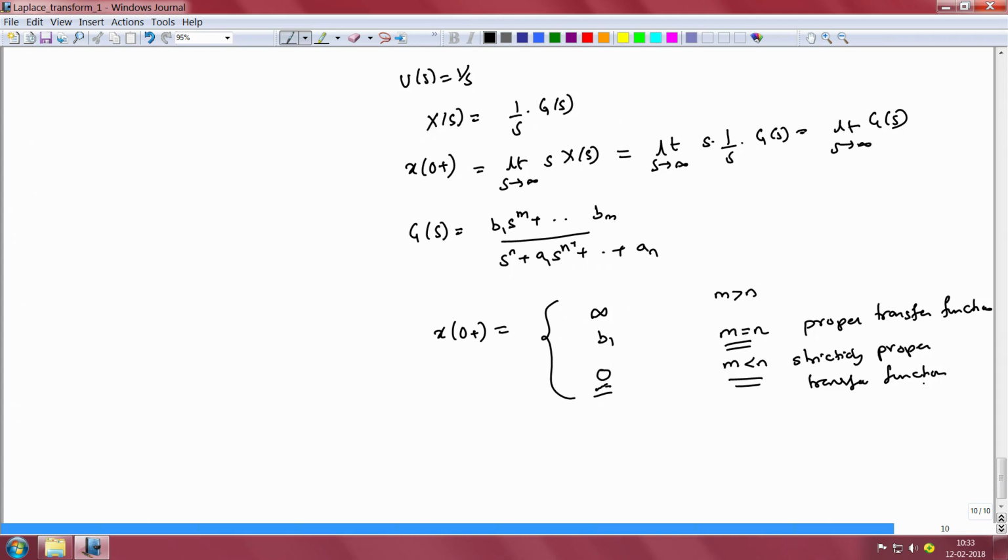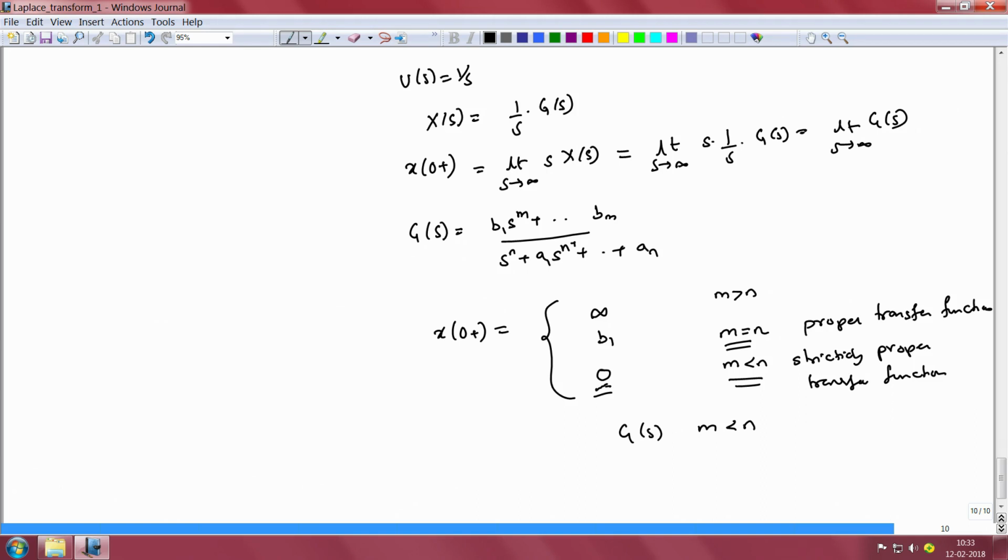Since we are dealing with physical systems, we are controlling physical systems using electrical circuitry which are again physical systems and so on, all such systems have a transfer function g of s where m is strictly less than n. So, all our transfer functions are going to be strictly proper.